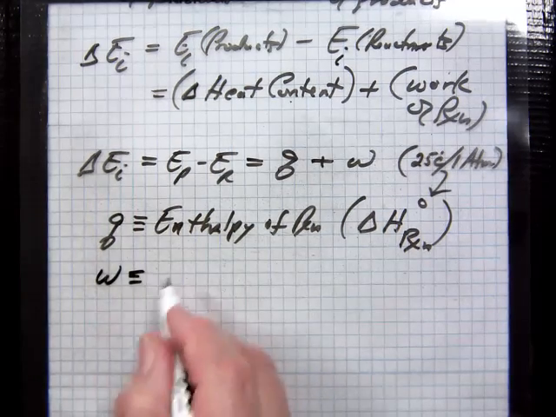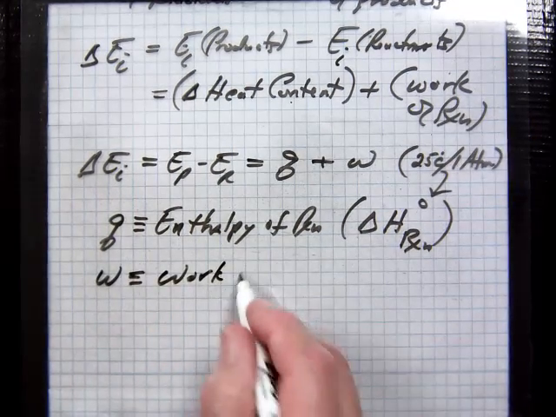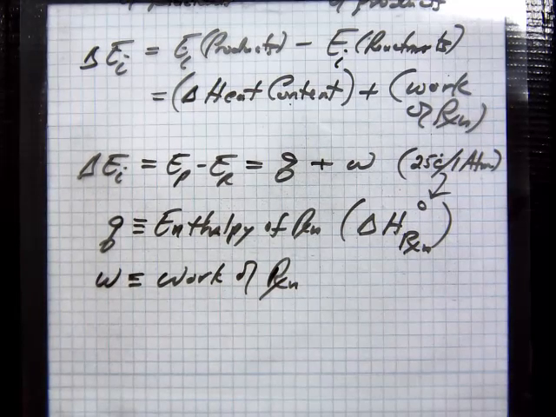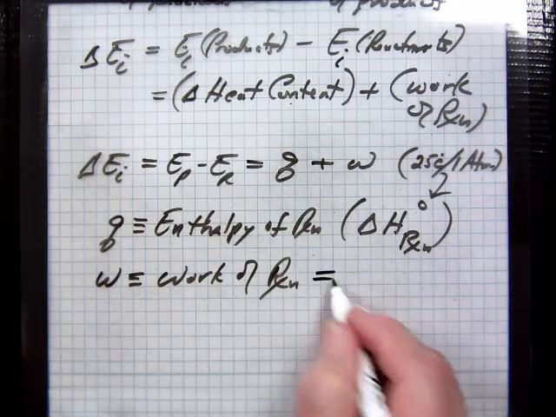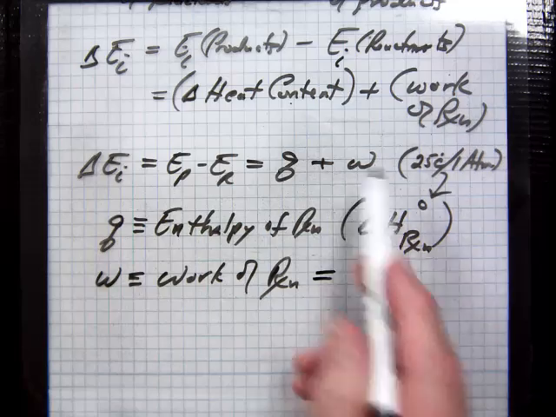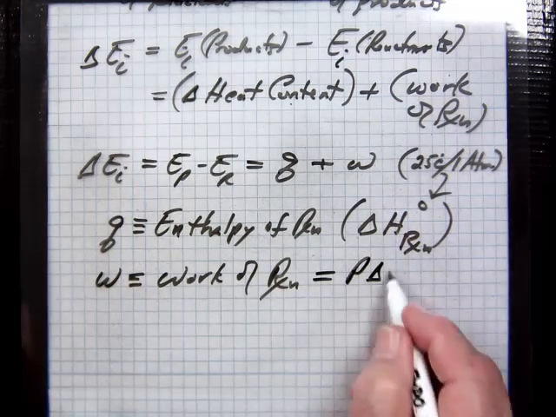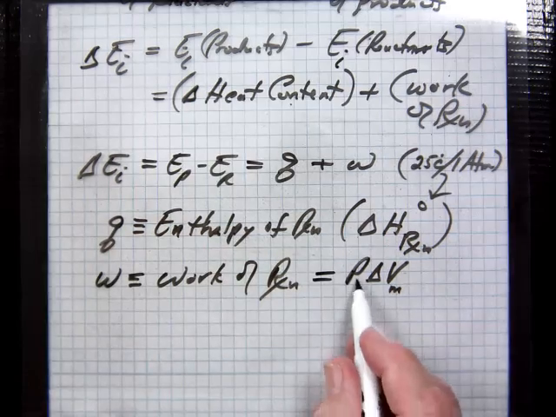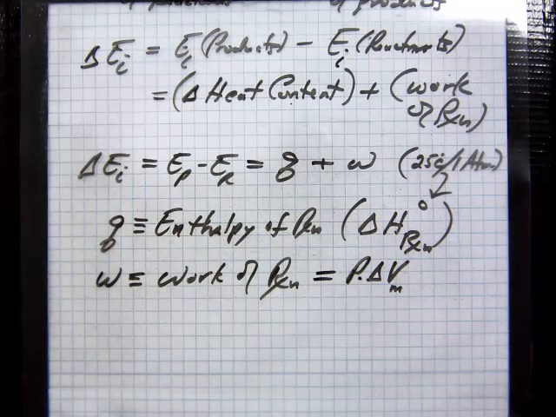Work, W, is the work of the reaction. Now, to calculate that, I can go back into force times distance and substitute what we call a pressure substitution. And what you ultimately get is a term that you substitute for W is P delta V. Actually, it's Vm. And so this is pressure times the change in molar volume.